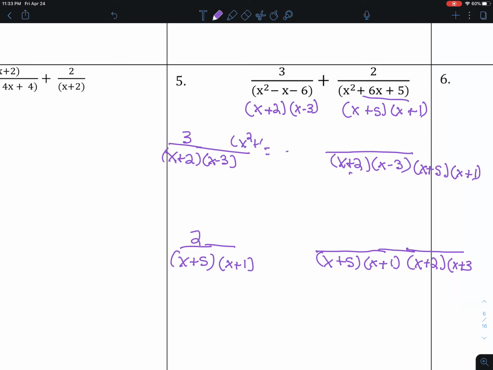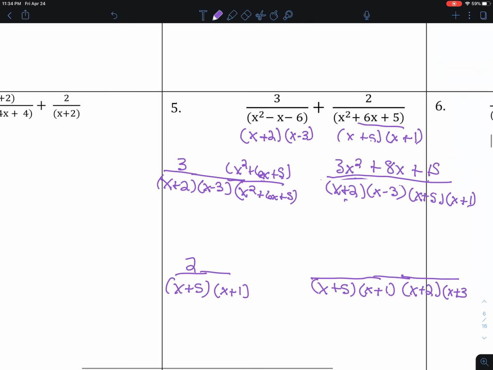So I'm going to multiply by x squared plus 6x plus 5. And so that gives me 3x squared plus 18x plus 15.